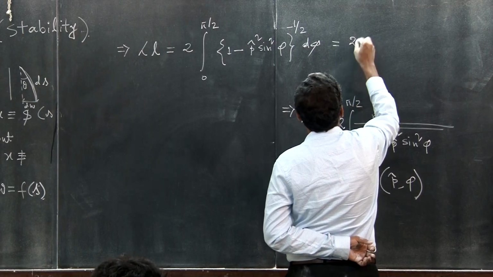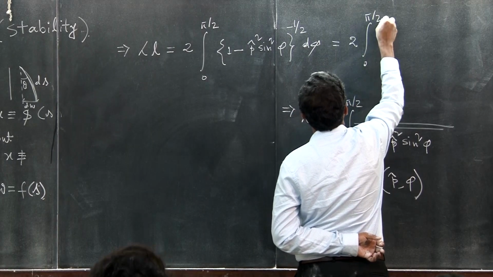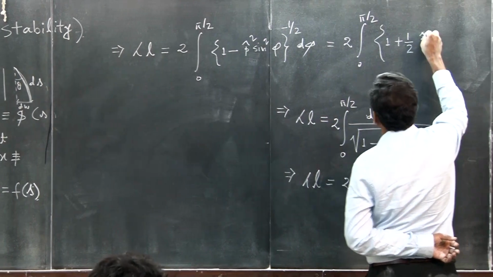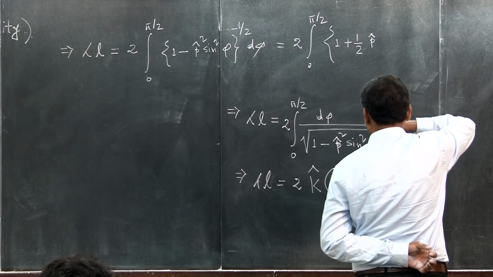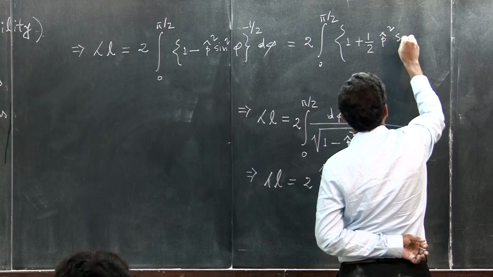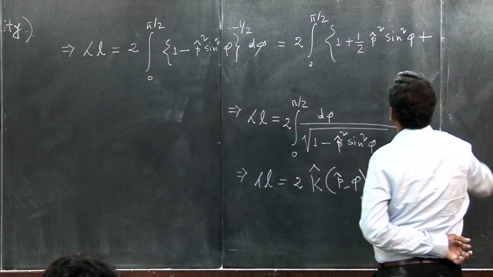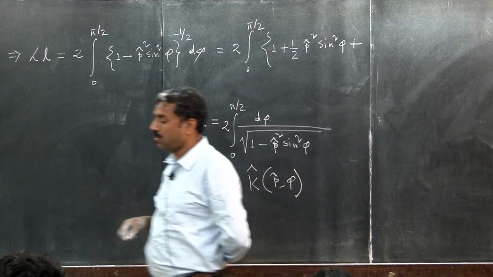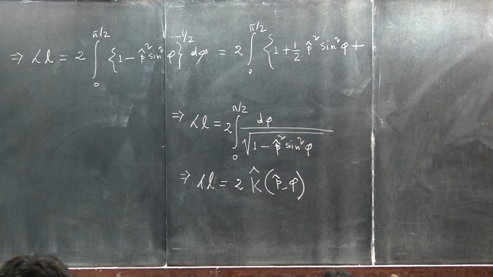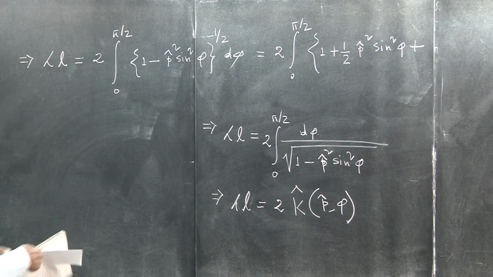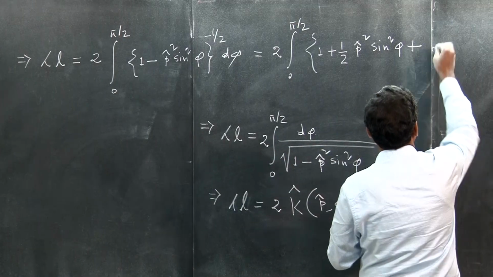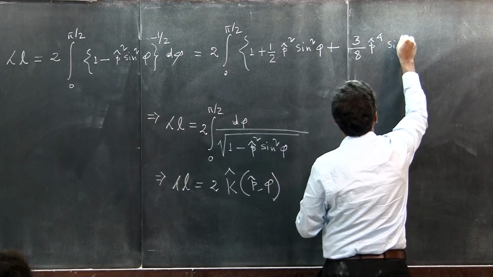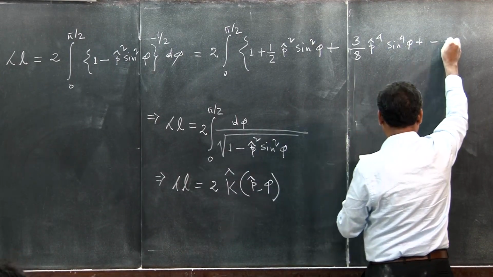And then it is 2 integration 0 to pi by 2 of 1 plus half p cap square sine square phi plus (half times minus 1 by factorial 2), which gives 3 by 8, p cap to the power 4 sine to the power 4 phi, plus dot dot.